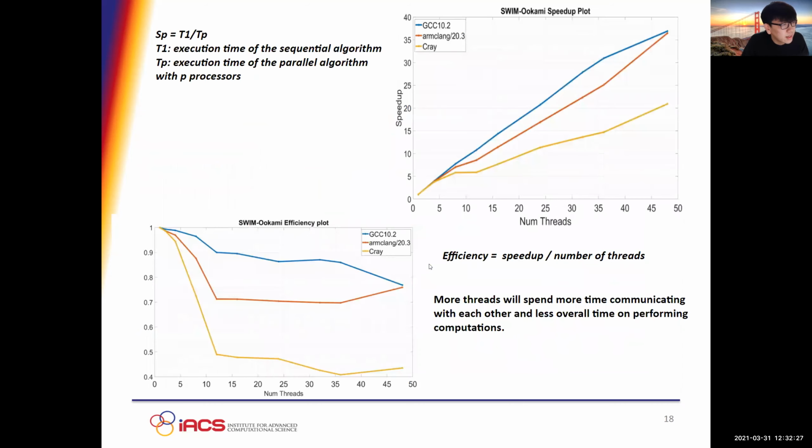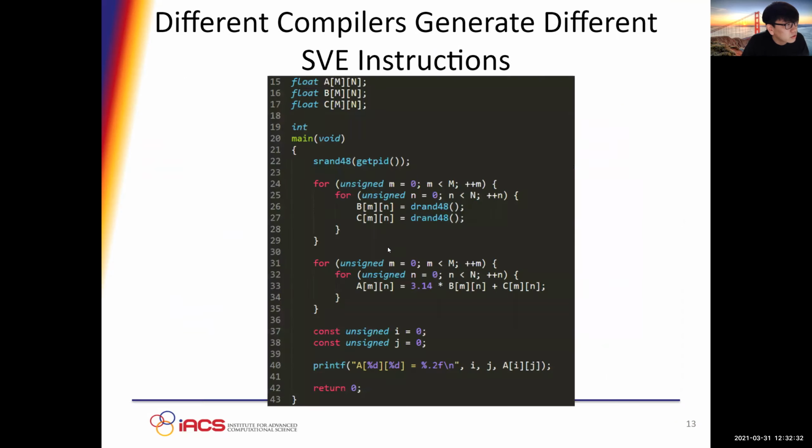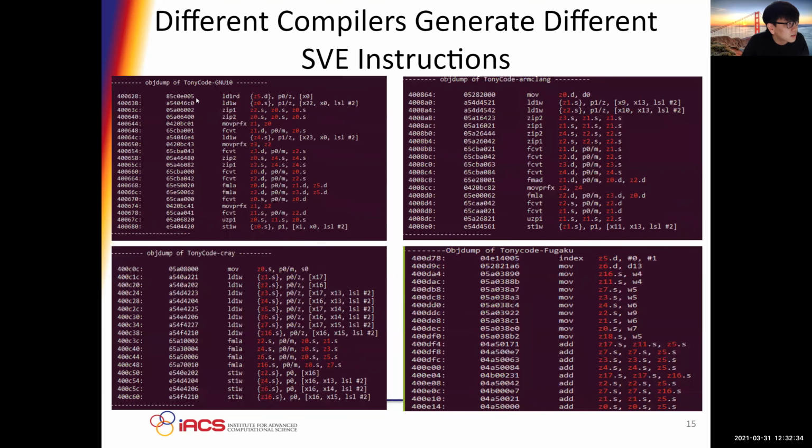Partially, I think, I definitely need to go back and reanalyze a lot of things, but partially the reason is that for the GNU compilers, not many SVE instructions have honestly been utilized, and on Fugaku the Fujitsu compilers generate way more instructions. Maybe that's one of the reasons, I would guess. But I would definitely like to go deeper into that and hopefully give an answer to this question in the near future.